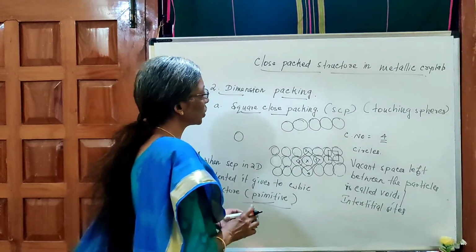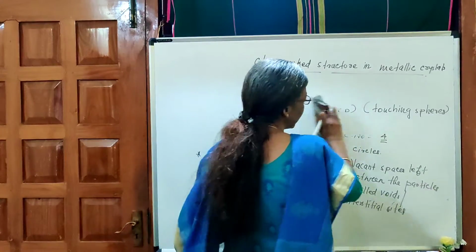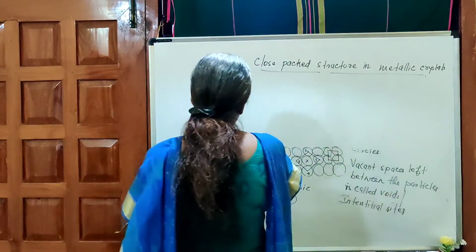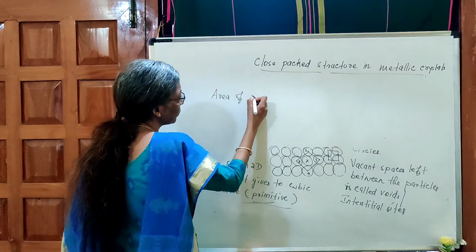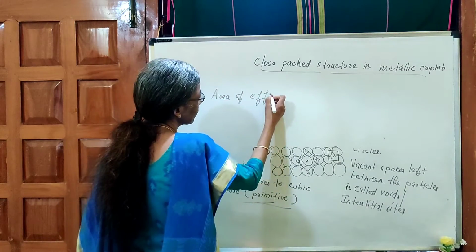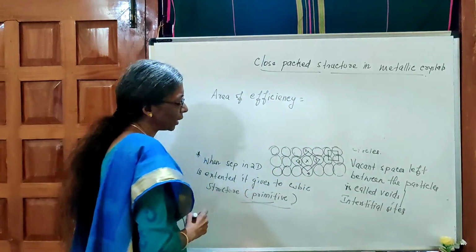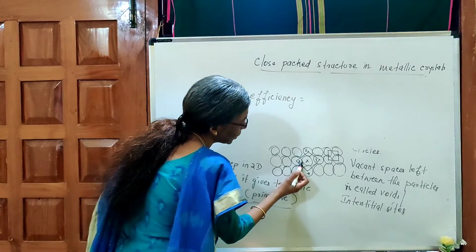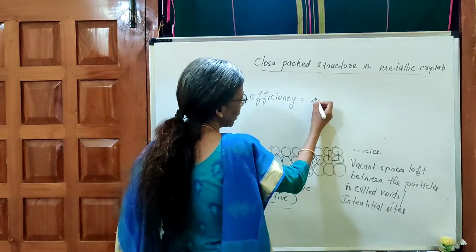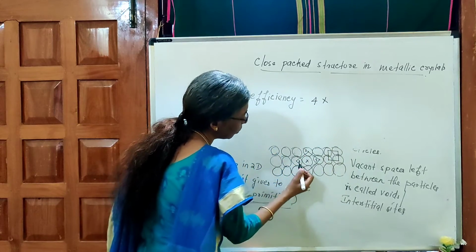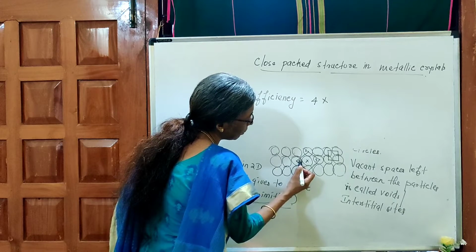Now we'll study, for 2 dimension square close packing, what is the area of efficiency. Area of efficiency, you see here. How many are there? Nearest neighbor, you see here 1, here 2, here 3, here 4. So 4 into, if you take this one, only this portion belongs to this one.